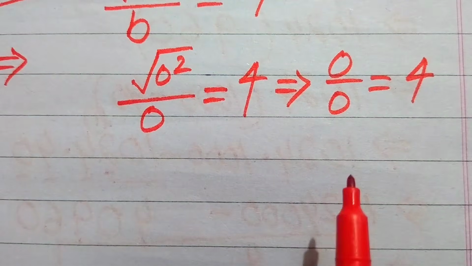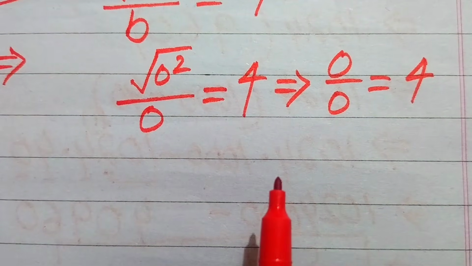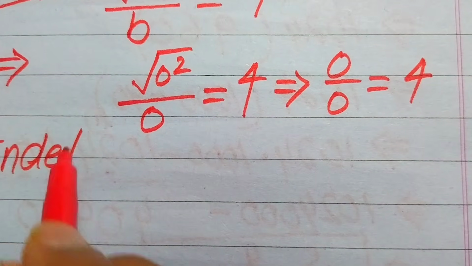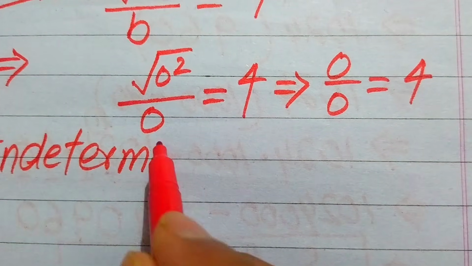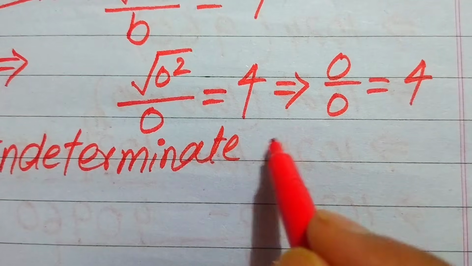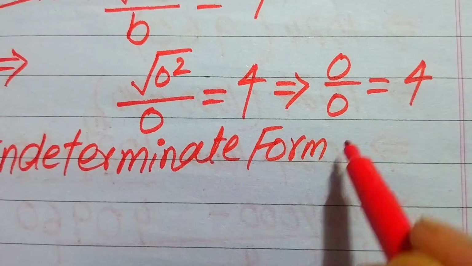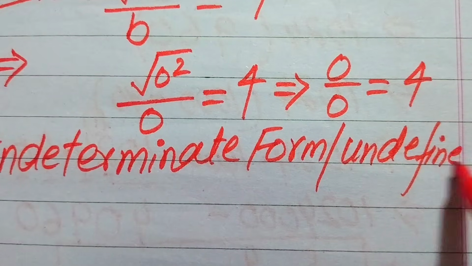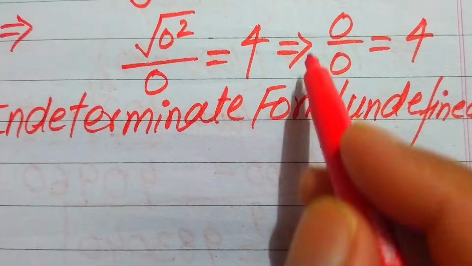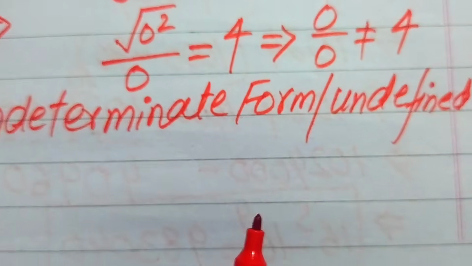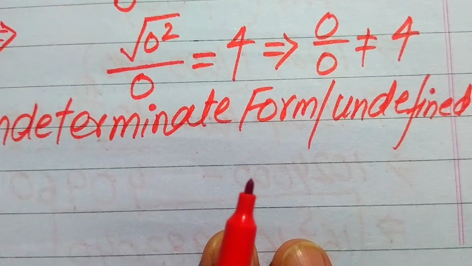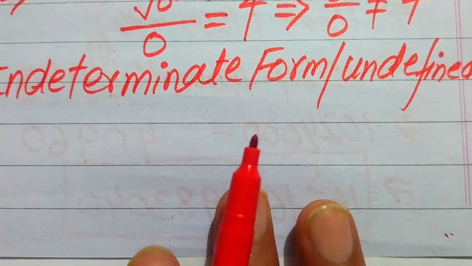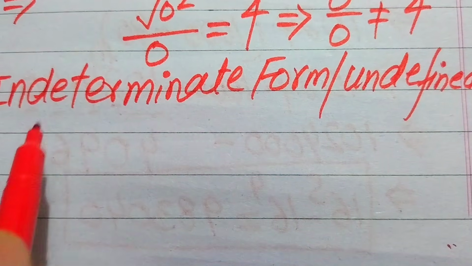So you see that our left-hand side becomes 0 over 0 form, and this is called the indeterminate form. You know that 0 over 0 is an indeterminate form, or in other words we say that it is undefined. So if our left-hand side is undefined, this means that both sides are not equal. And if both sides are not equal, this concludes that the value b equals 0 does not satisfy our given question statement.